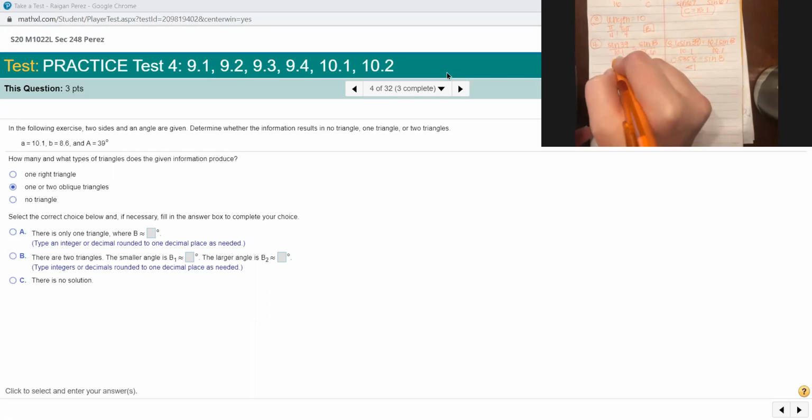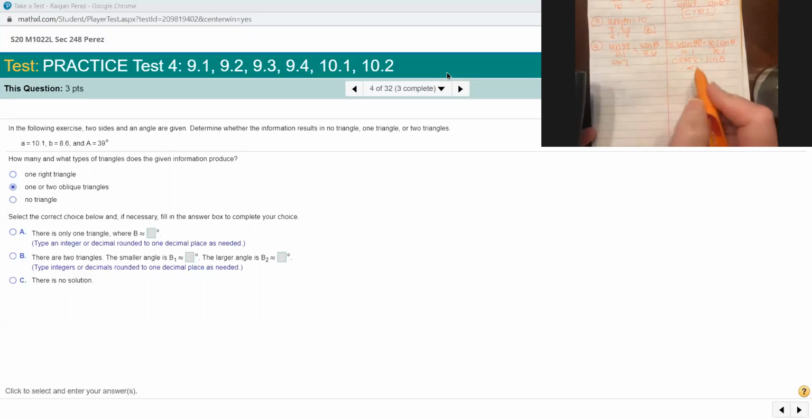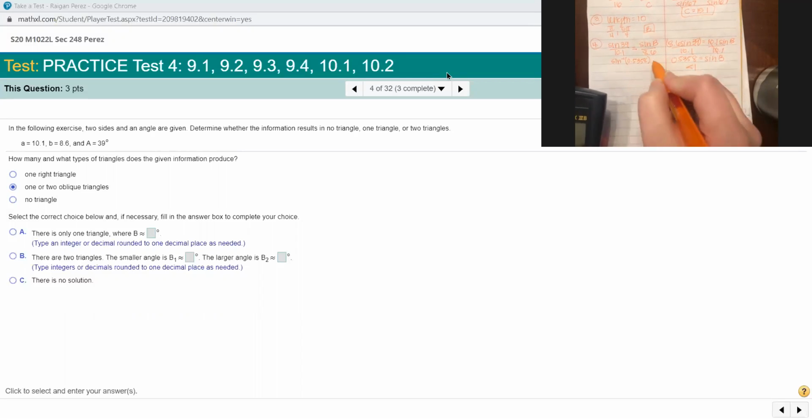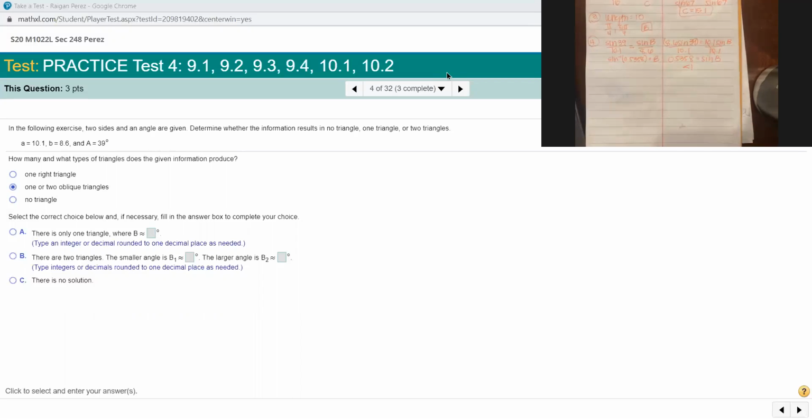So you would do sine inverse of that answer. And you can just use the answer the calculator gives you, but to write it out right here, I'm using what I rounded to, is equal to B. So sine inverse of that answer, and I got B is 32.4.